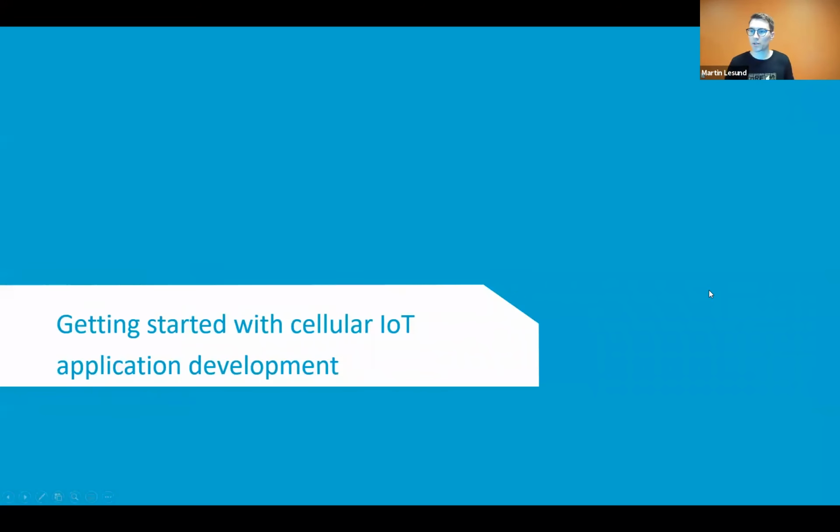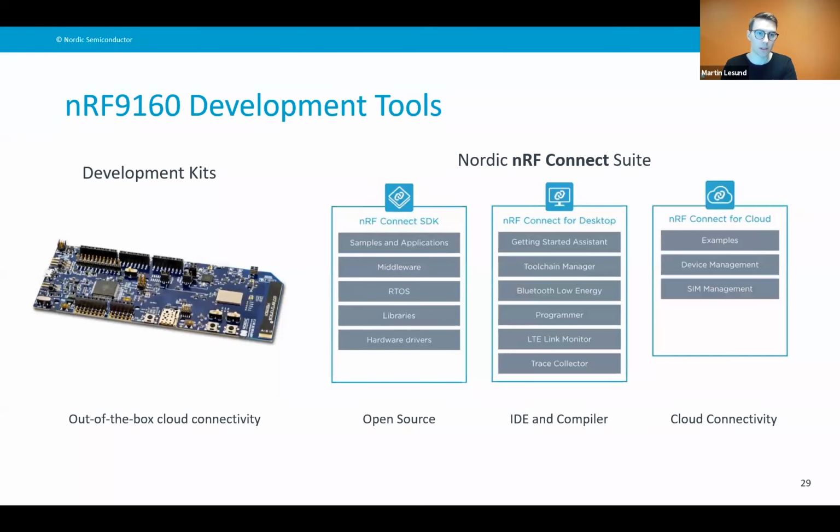However, how do you get started with this incredible technology? Well, we have our development tools. We have nRF9160 development kits with out-of-the-box cloud connectivity support. You can connect to the cloud very easily by just getting started with the nRF9160 DK.